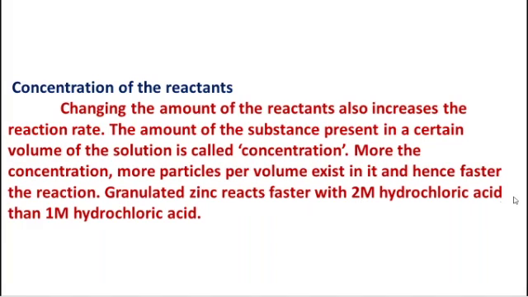When the molarity is increased, the concentration is also increased, and if the concentration is increased, the rate of the reaction is also increased. So the 2 molarity hydrochloric acid reacts very fast with granulated zinc.